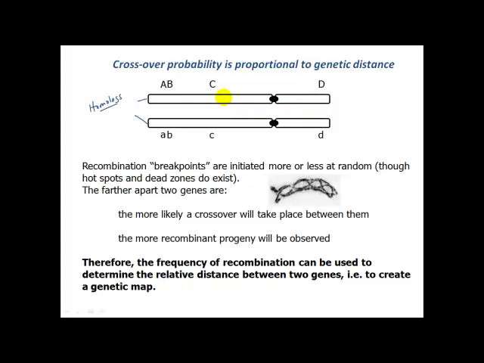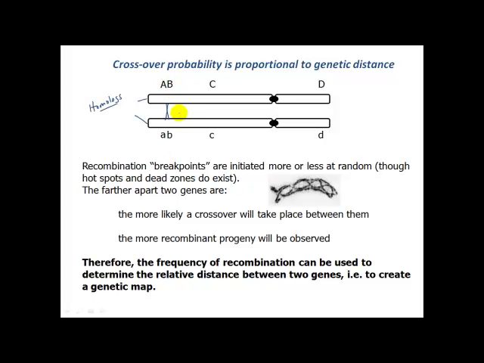And so we're very likely to have a crossover event, in fact guaranteed to have a crossover event between two genes that are located at opposite ends of the chromosome. In fact, we'll probably have multiple crossover events between them. On the other hand, if we're looking at two genes that are very closely located next to one another on the same chromosome, it's very unlikely that we would have a crossover specifically right here where we would need a crossover to separate these two alleles from one another, right?